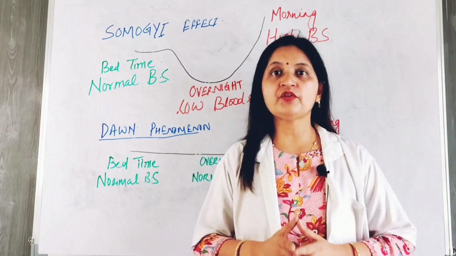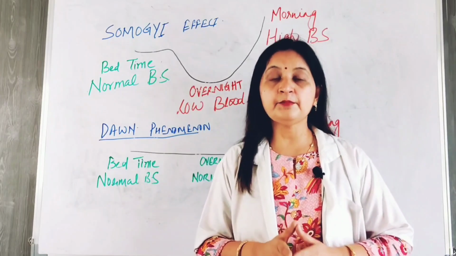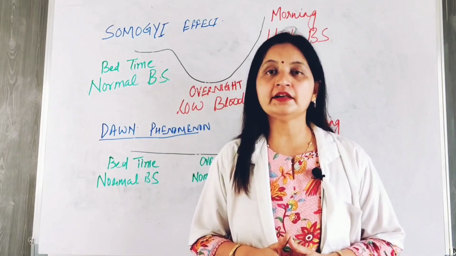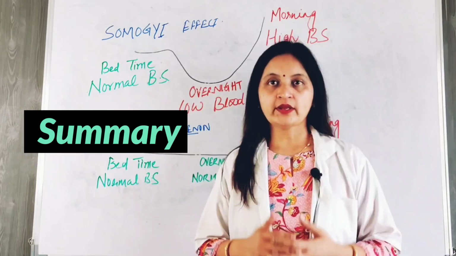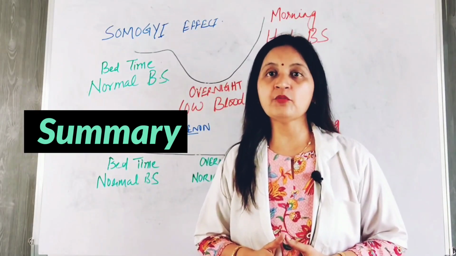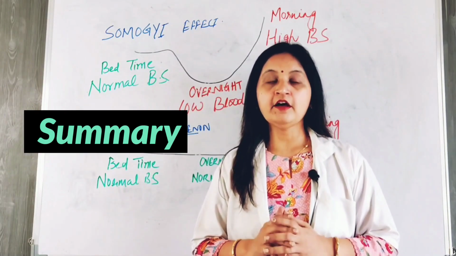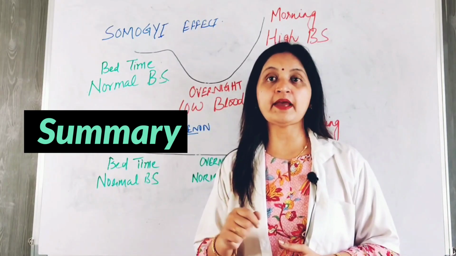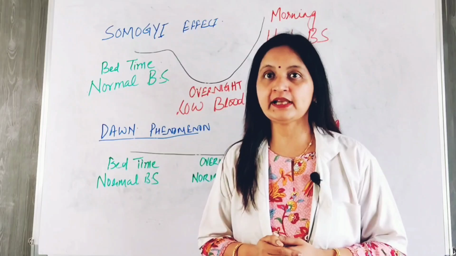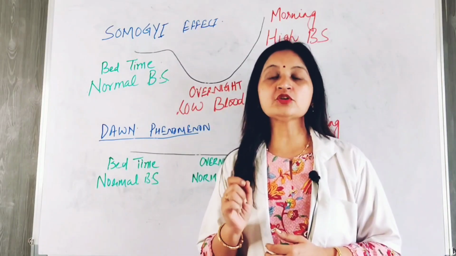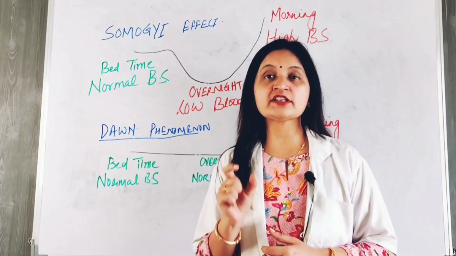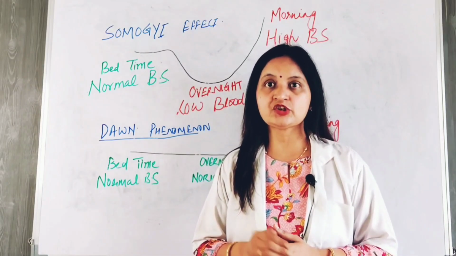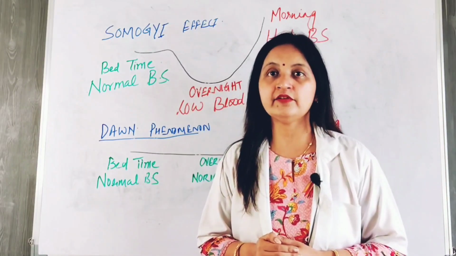So this is how you distinguish between the two phenomena, and regular blood glucose monitoring helps to manage diabetes according to the underlying mechanism. So in summary, what are the differences between Somogyi effect and Dawn's phenomenon? Firstly, in Somogyi effect, there is a period of nocturnal hypoglycemia, and this triggers rebound hyperglycemia in the morning, and this causes release of stress hormones such as glucagon, cortisol, growth hormone, catecholamines into the circulation, raising the blood glucose level.